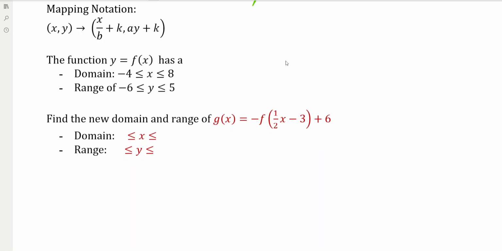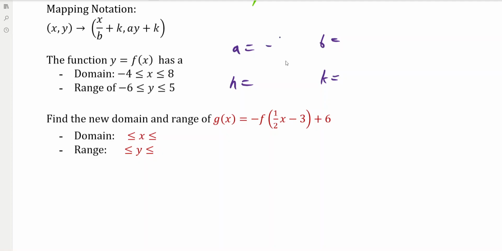Really, if you know the original domain and range, which we do in this case, and we know the transformations that are occurring, which we do again in this case, all we have to do is pull out the A value, the B value, the H value, and the K value. And then once you have those, you can plug them in and basically calculate every one of these 4 points. So let's do that right now.